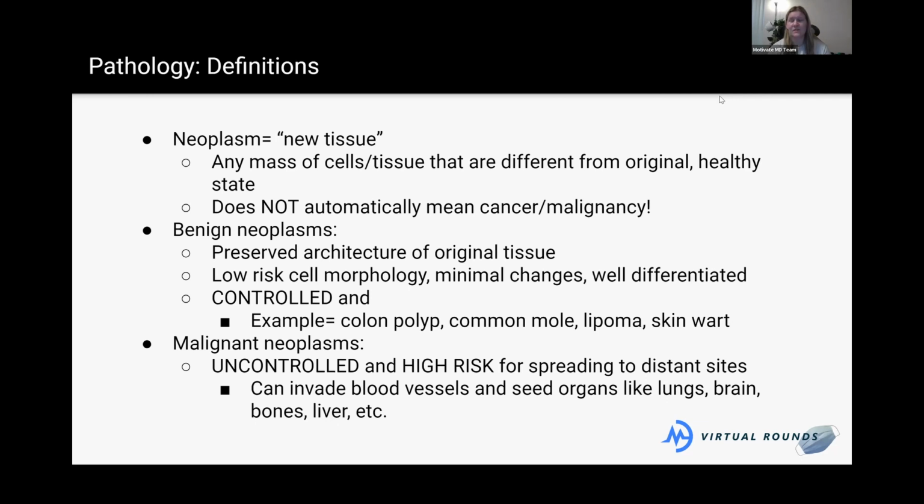When we look at some malignant neoplasms under the microscope, they have an abnormal morphology. They have significant changes from their surrounding tissue, and they lose some of that differentiation. So they just look really weird and abnormal compared to what we would expect for that tissue.